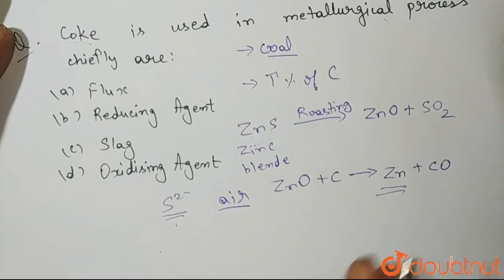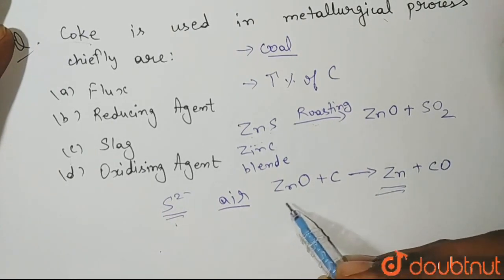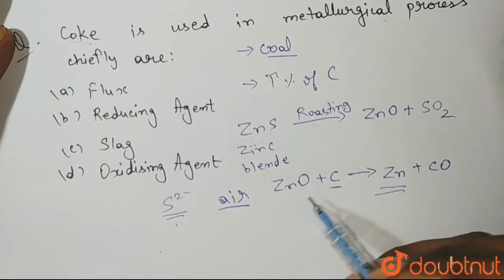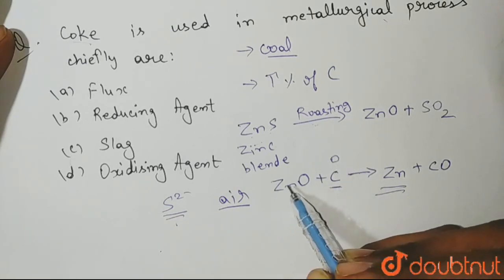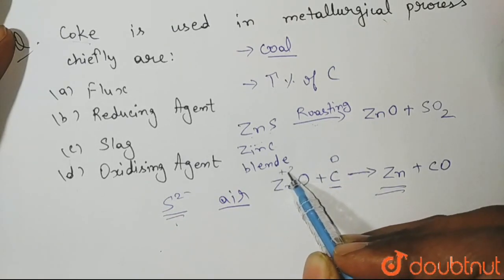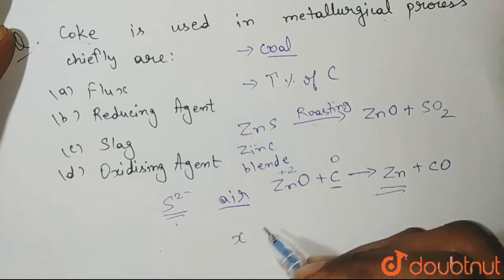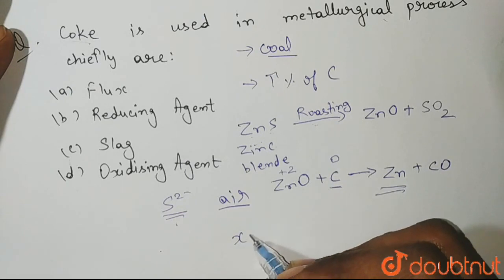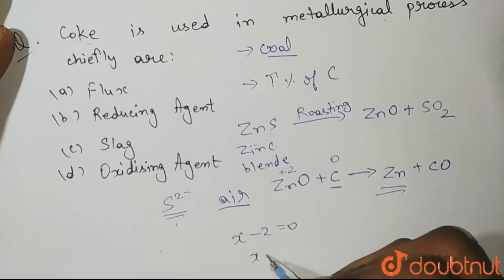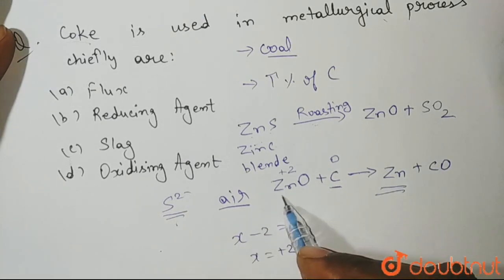Now as you can see here, what is happening? Carbon is in the zero oxidation state, right? Here zinc is in the +2 oxidation state. If you take out the oxidation state, let's say zinc oxidation state is x, oxygen has -2, so x - 2 equals 0, you will get x equals +2. So zinc has +2 oxidation state.